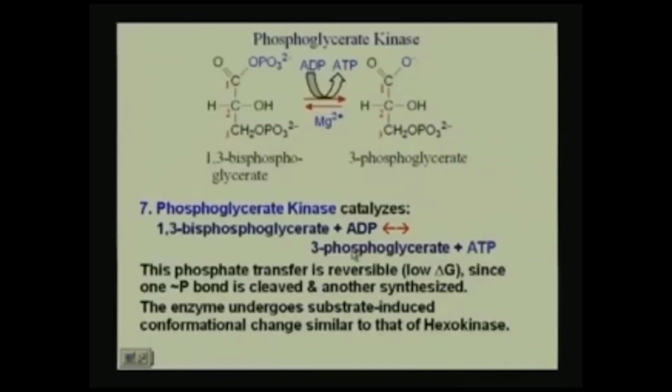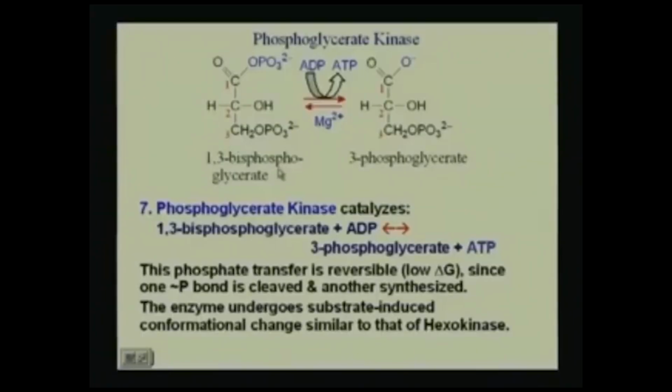Okay, so that is our step. Now we have landed up with 1,3-bisphosphoglycerate. Now this phosphate is taken up by ADP to produce ATP. So we have now the first reaction where we have produced ATP in our glycolysis.